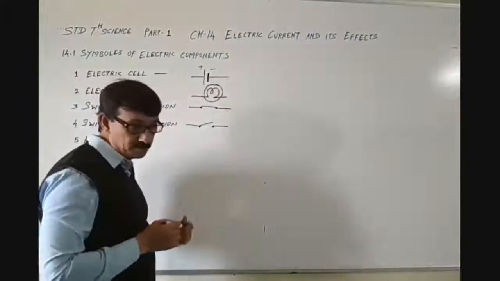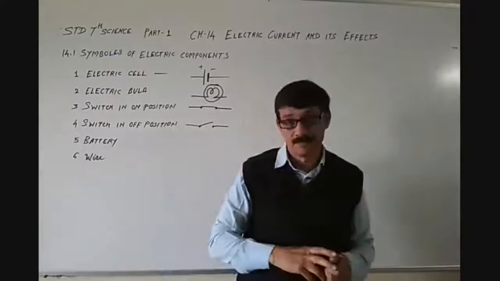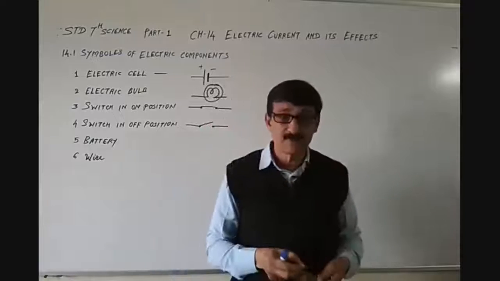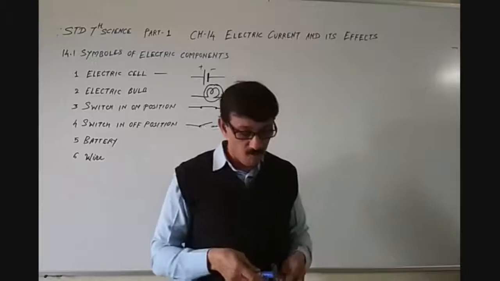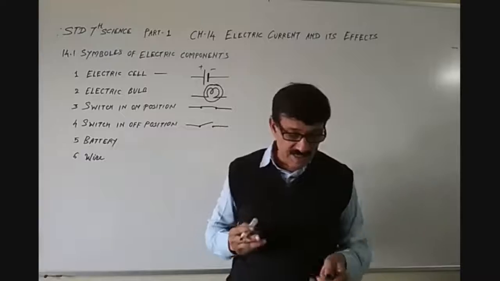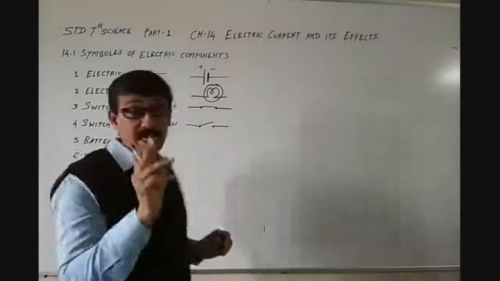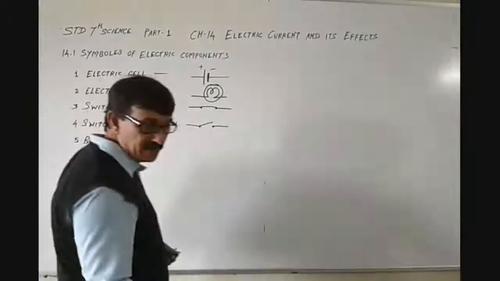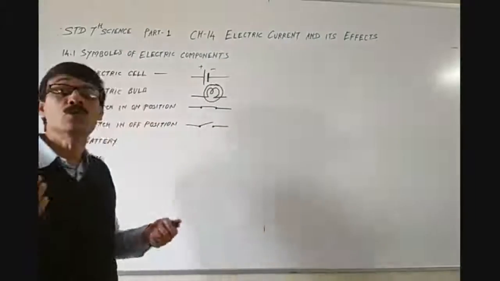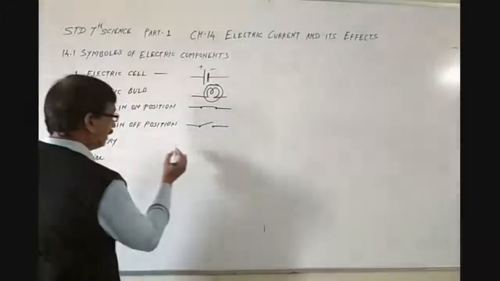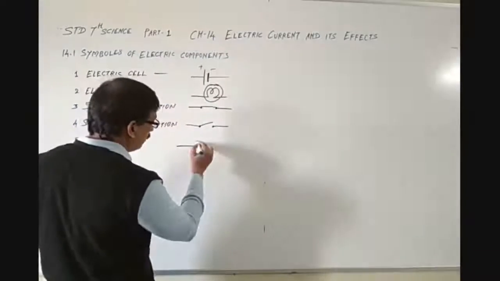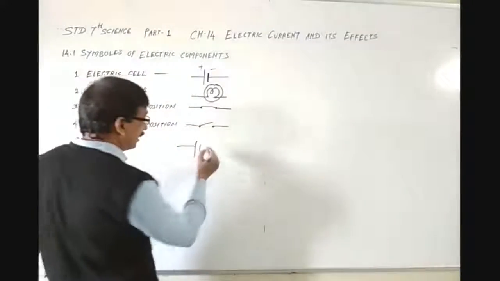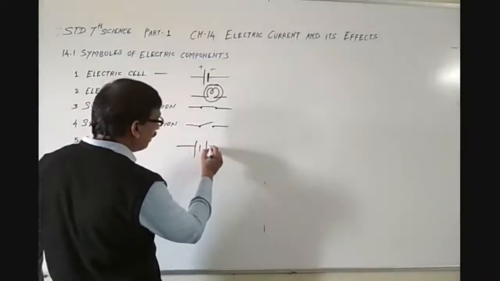Thereafter, the battery. Let me draw this battery. If there are more than one cell, a battery is drawn for two to three cells. Suppose this is a wire, positive terminal, negative terminal. If there are two cells, we draw once again positive terminal and negative terminal.